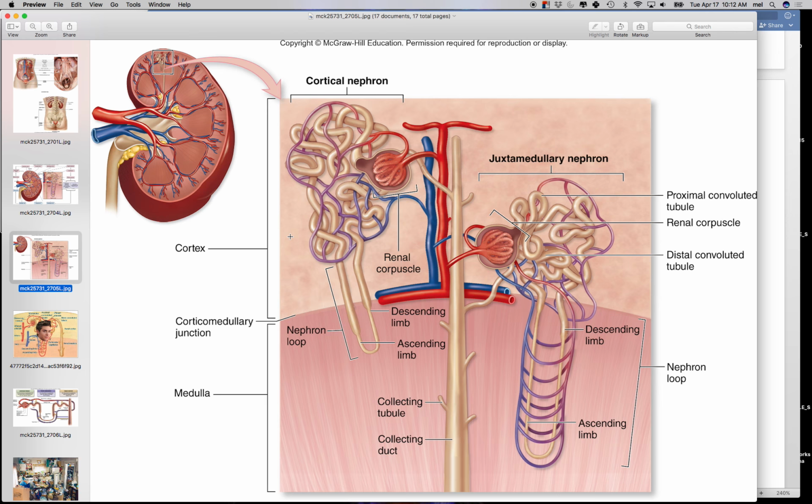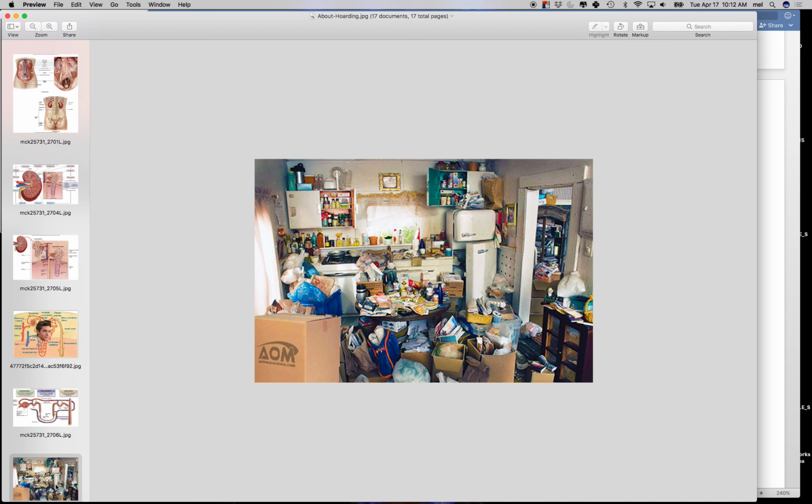Here's my metaphor. We are going to go into a house, the blood, that's so dirty it's like a hoarder house, okay? And we're going to do a 3-step cleansing of everything that's in there. So, 3 different steps. Before we get into the specifics of the steps, let's define our tubes.